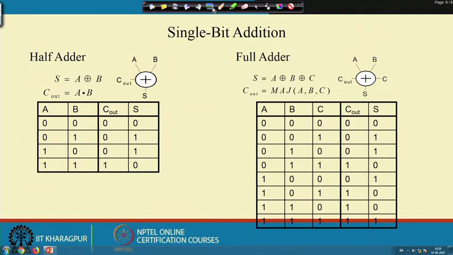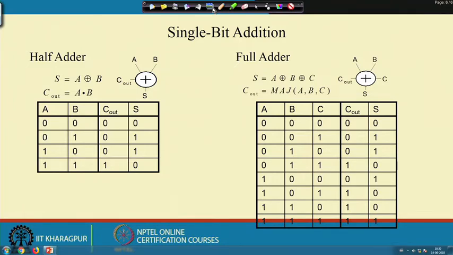Now, consider a full adder circuit. A full adder circuit means that, apart from the A and B inputs, I have another input bit to the addition operation, which is C in, or carry in.